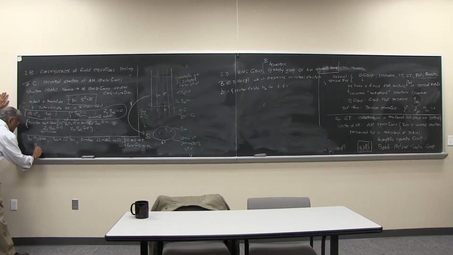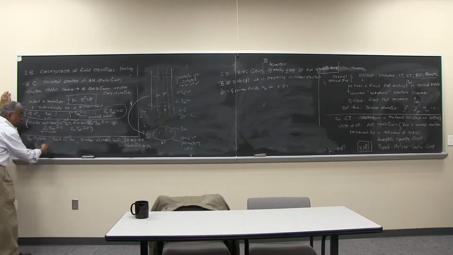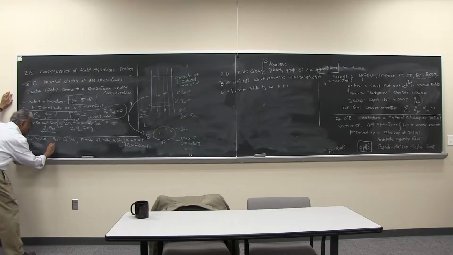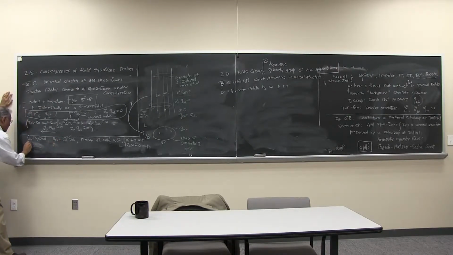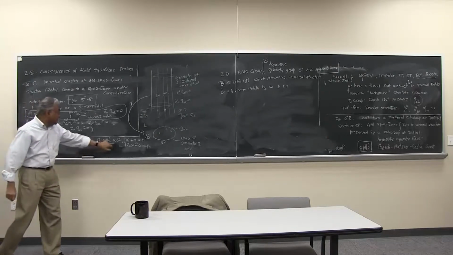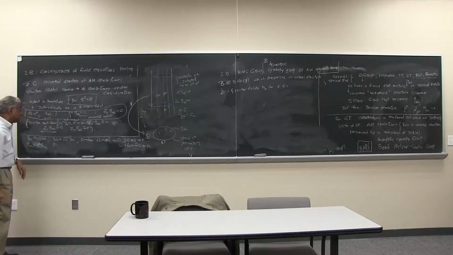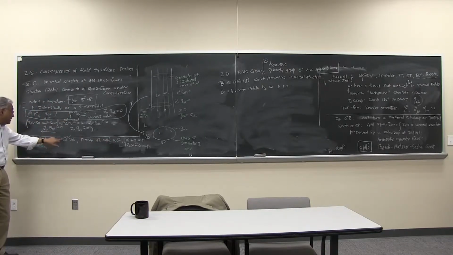Well, Q_AB obviously is just a pullback of G_AB. So under this, the statement is that G prime AB is going to be equal to little omega squared times G_AB, right? Because I'm just multiplying by little omega for this conformal factor. So G prime AB would be little omega squared times G hat AB, and therefore it is just omega squared times this.